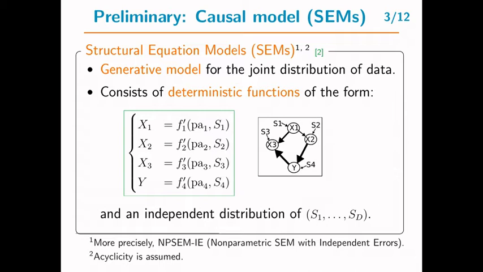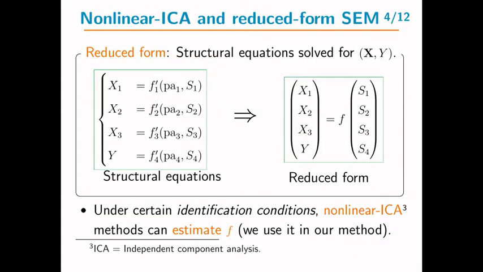And in our work, instead of directly dealing with the structure equations, we estimate what's called the reduced form. The reduced form is the set of equations determined by solving the structure equations so that the left-hand side has only observed variables and the right-hand side has only the latent variables.